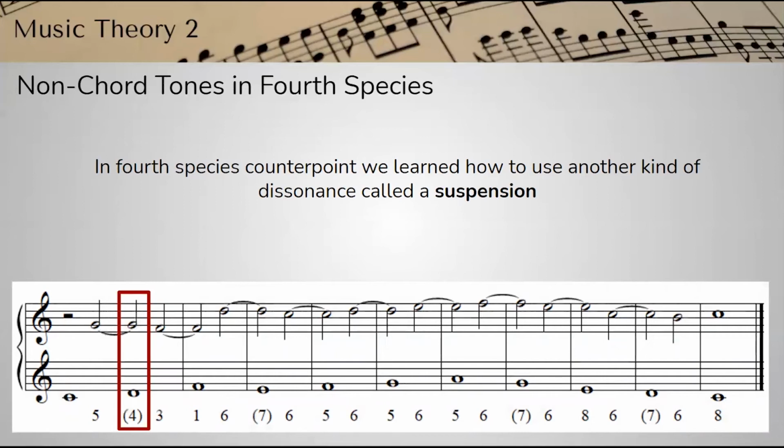Right? So we had. And that was the point of this species, was creating that dissonant suspension, right? By starting on a consonance, in this case here, a sixth, right? And then holding that over so that the lower voice can move and create a dissonance.